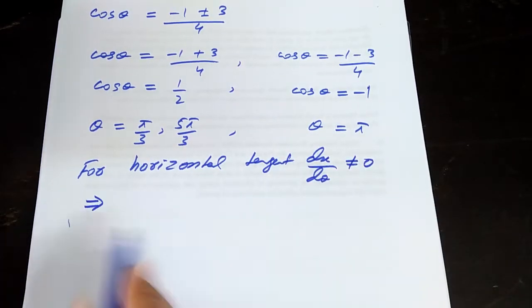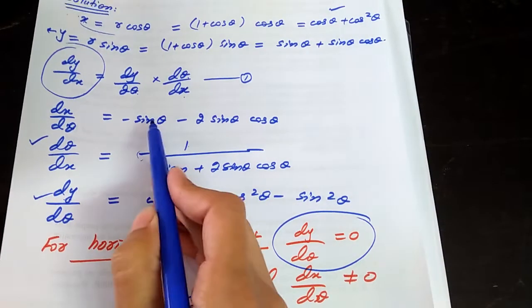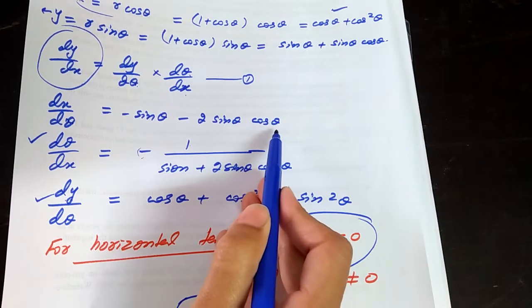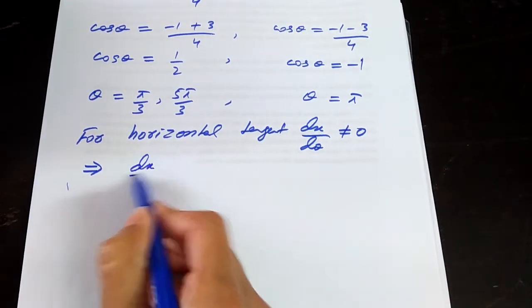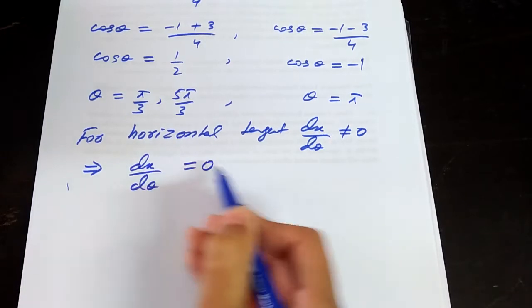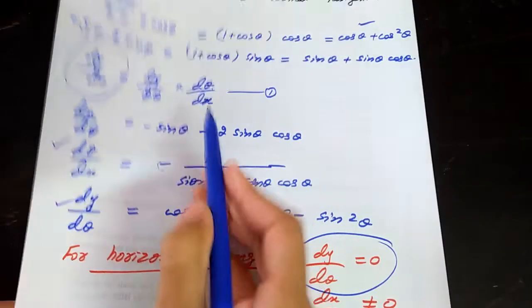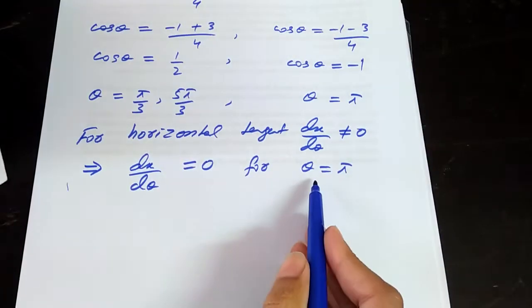This means, what is our dx by d theta? Our dx by d theta is minus sine of theta minus 2 sine of theta cos of theta. We know that dx by d theta is equal to 0 for theta equals pi. If we put theta equals pi here, this whole term will become 0.